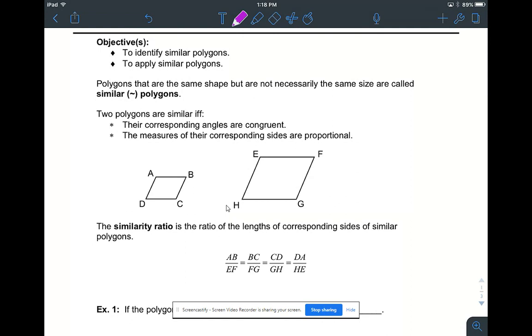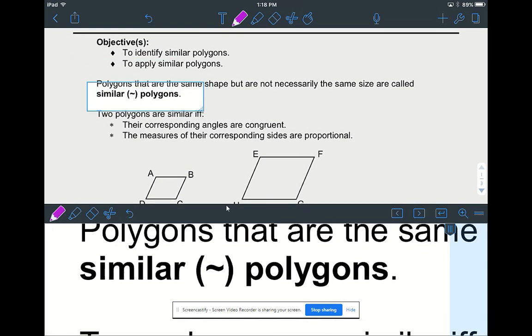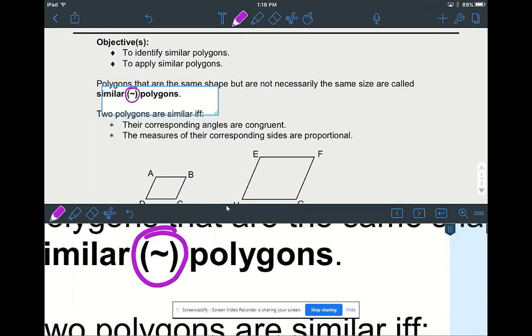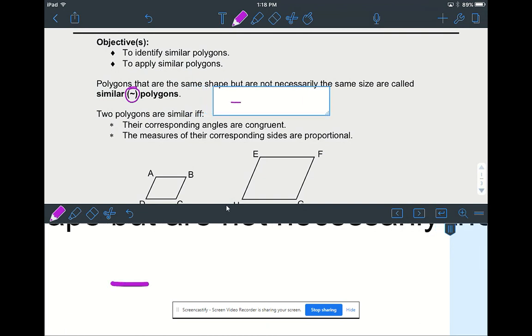So polygons that are the same shape but are not necessarily the same size are called similar polygons. So this is our symbol right here for similarity. Now you should recognize that because of our congruent sign.